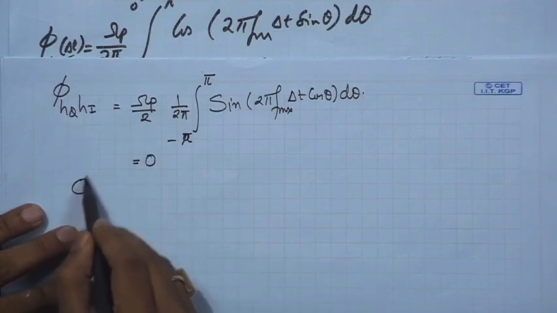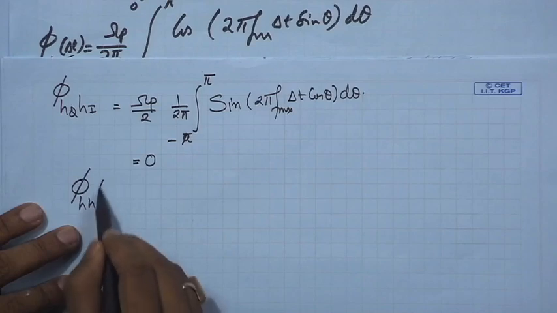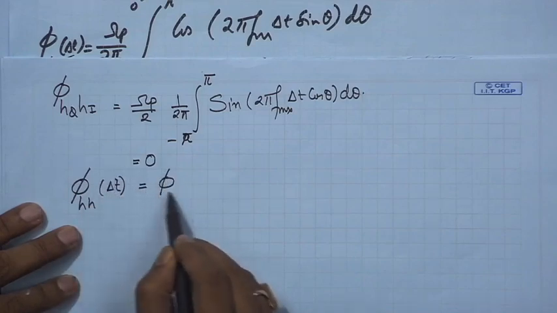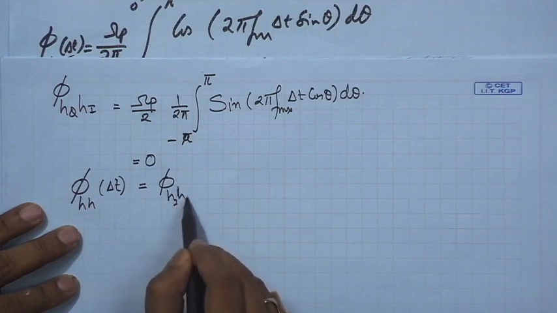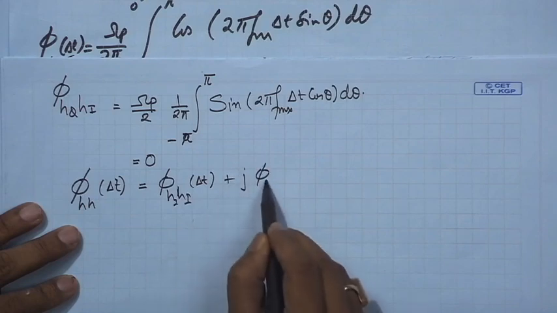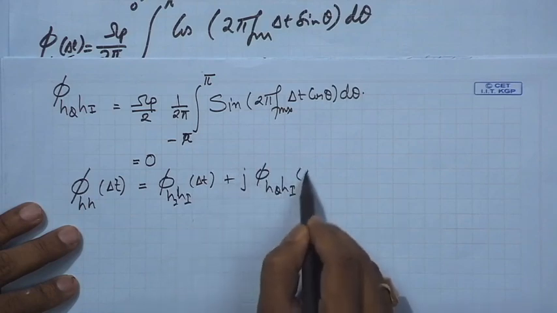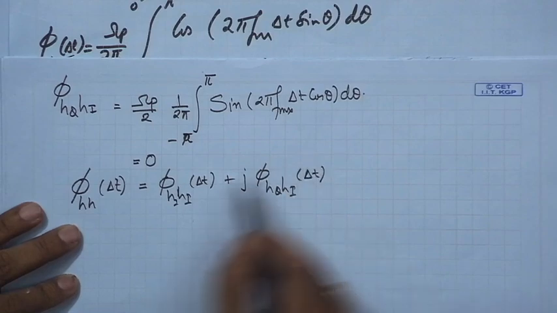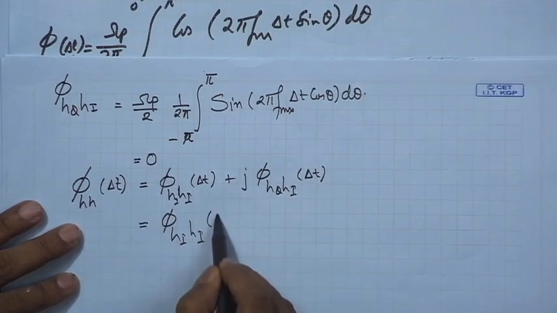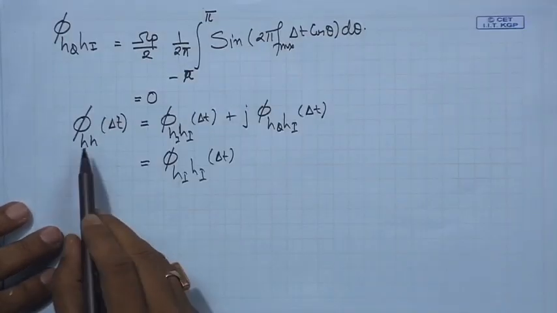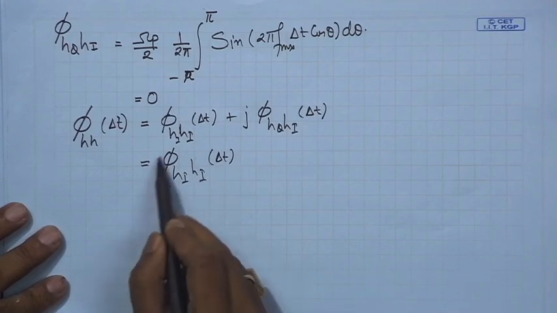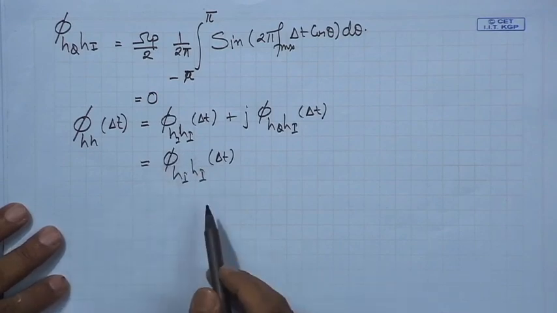Hence phi_h of delta t would turn out to be phi_hI of delta t plus phi_hQhI of delta t, and this is 0, so this is equal to phi_hI of delta t. In other words, the correlation of the received signal is completely characterized by the correlation of the I components of the signal.